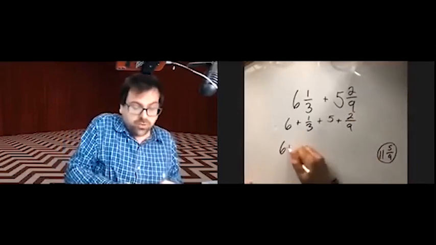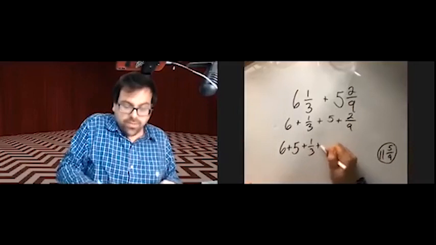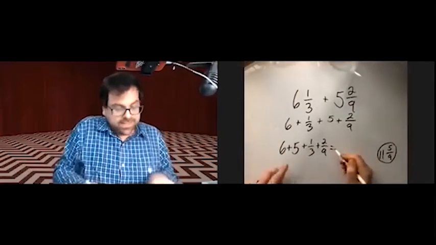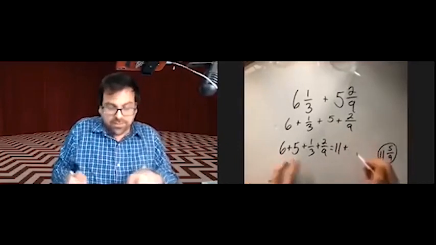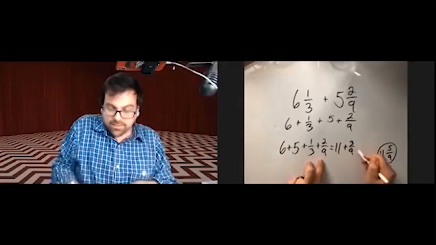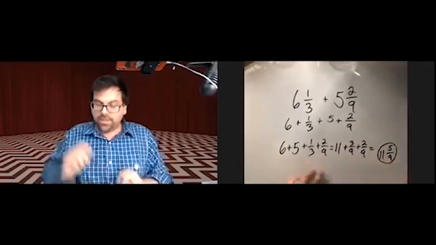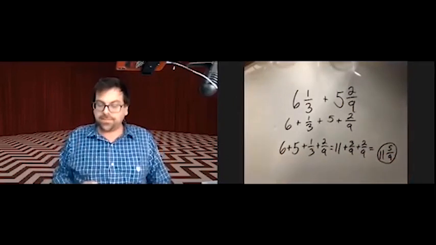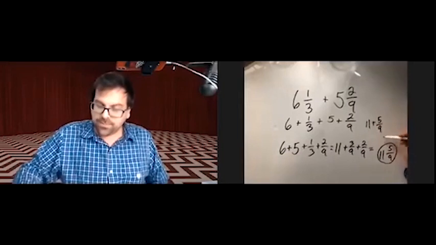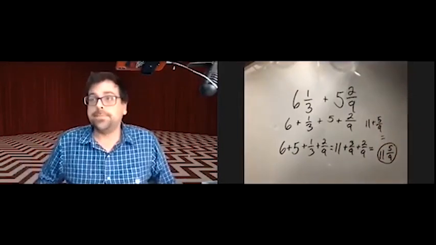So if we change the order around, this would be 6 plus 5 plus 1/3 plus 2/9. 6 plus 5 is 11 plus, this would be 3/9 plus 2/9, 11 and 5/9, because 11 plus 5/9 is the definition of the mixed number.